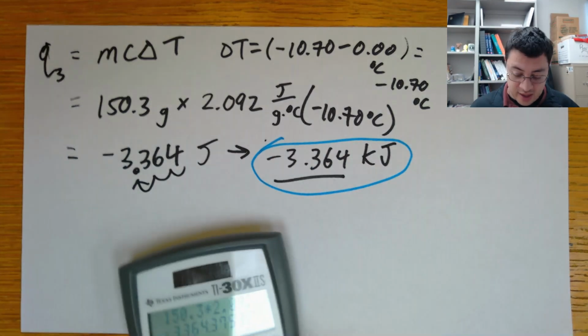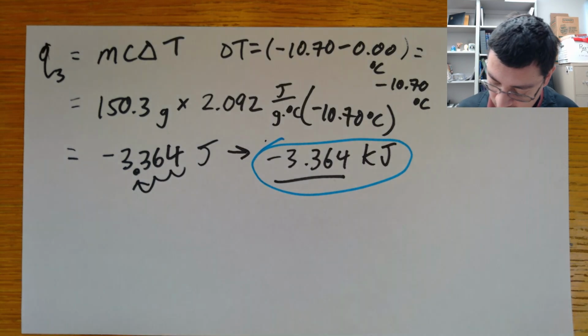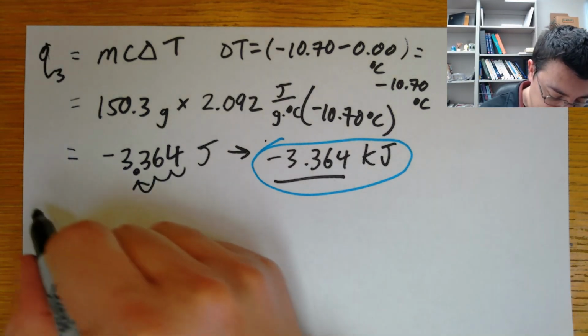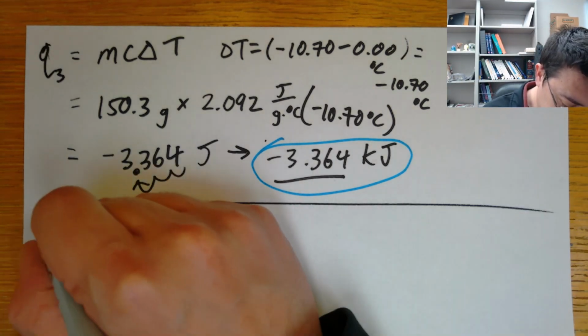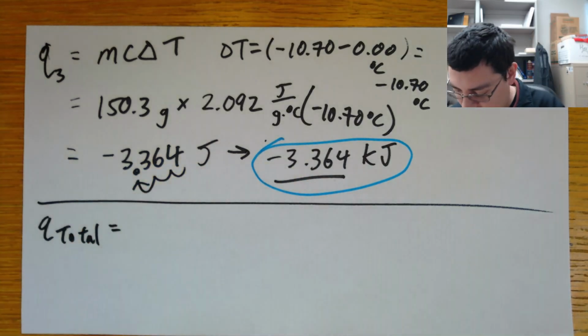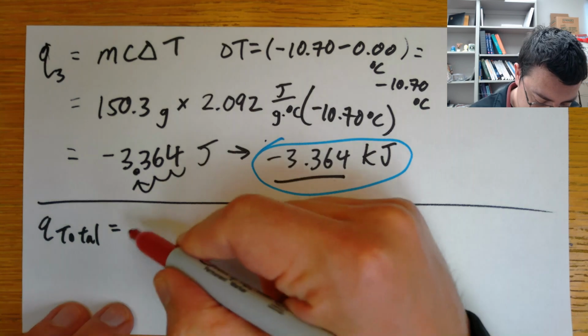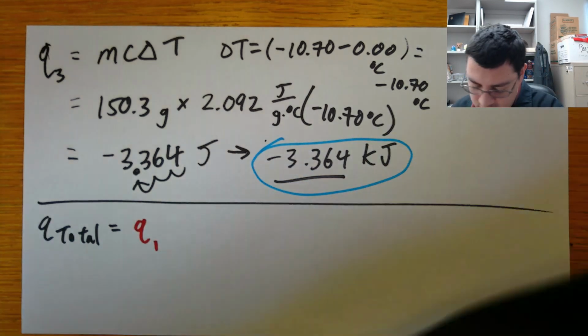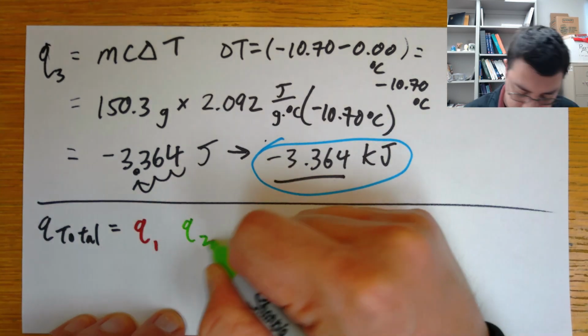All right, but they wanted the overall amount of heat released in the process, so we will do a Q total, and we'll do a nice color coding here. And we just add these all up.